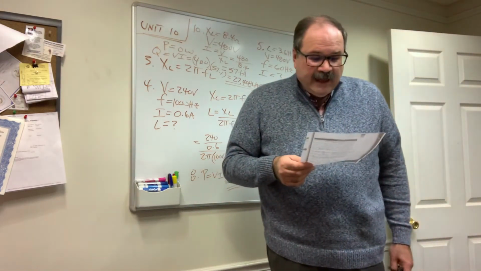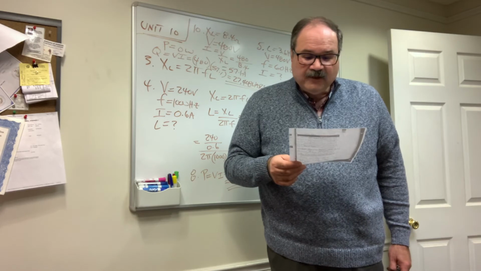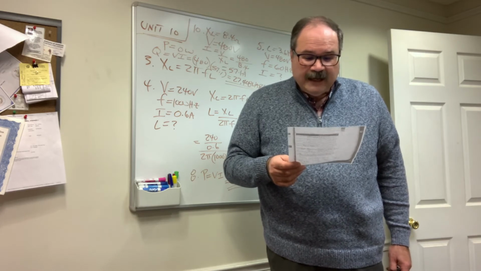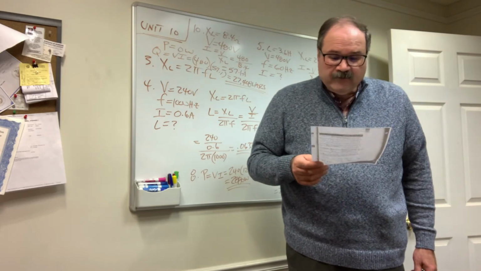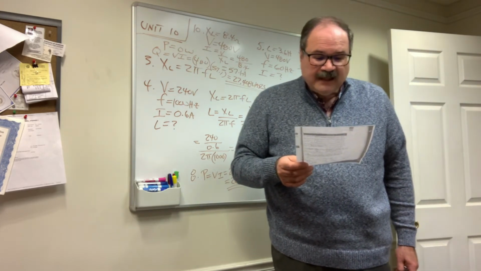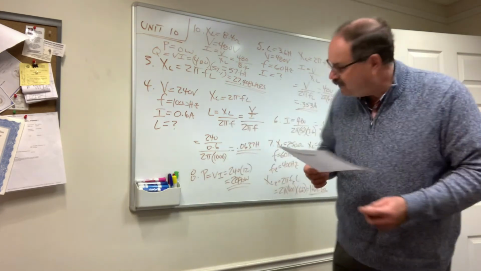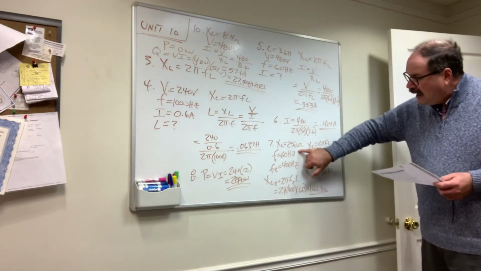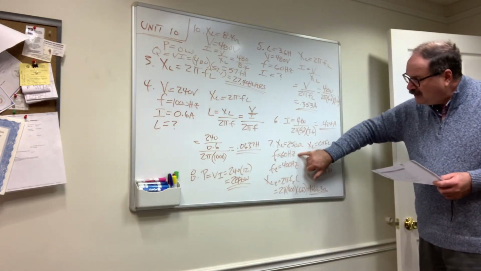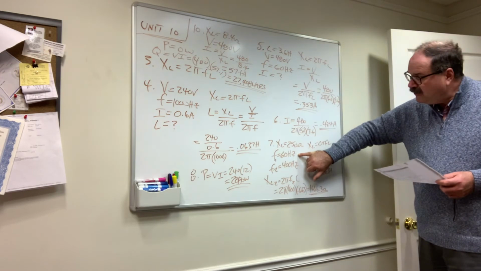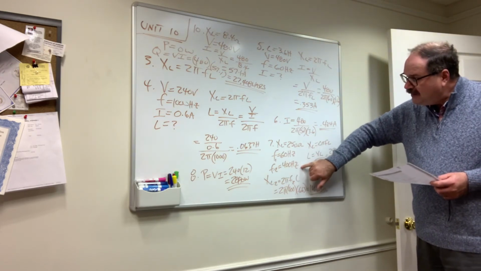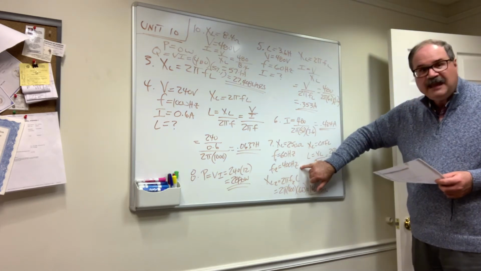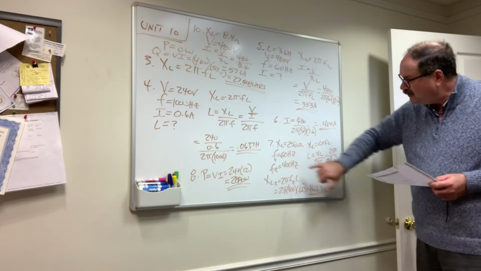Question 7. An inductor has an inductive reactance of 250 ohms when connected to a 60 hertz line. What will be the inductive reactance if the inductor is connected to a 400 hertz line? X sub L is 250 ohms. The first frequency given, I'll call frequency 1, is 60 hertz. We're being asked to solve for what the value of inductive reactance would be at a second frequency of 400 hertz.